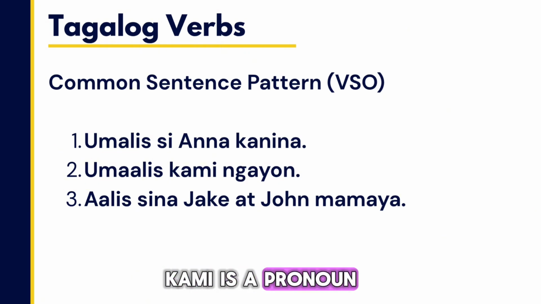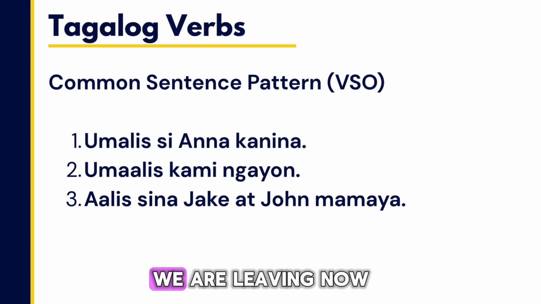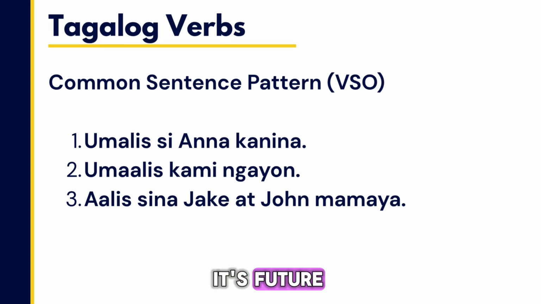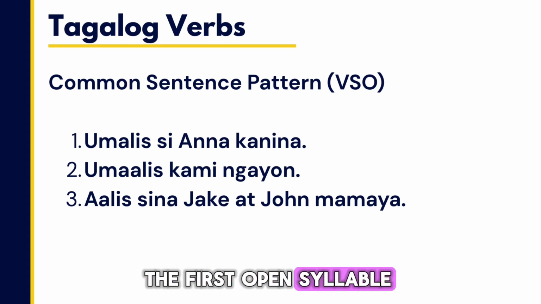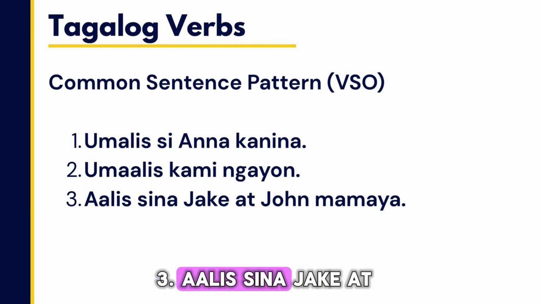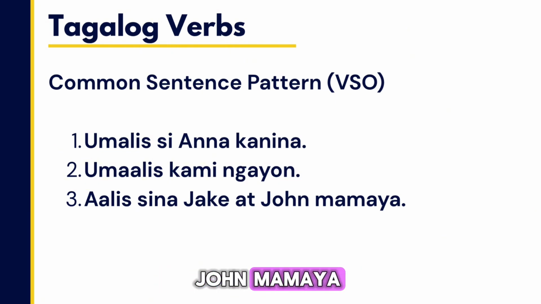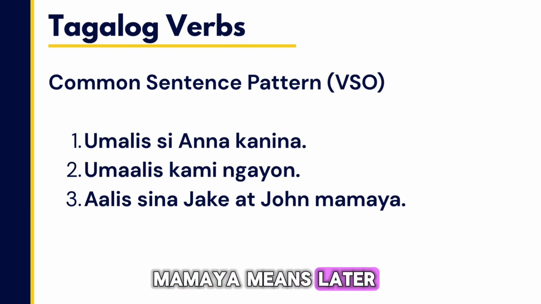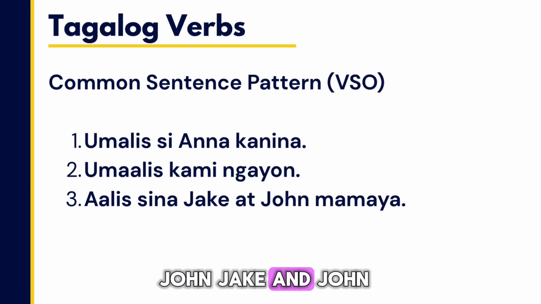Kami is a pronoun, we, that is exclusive, so not including the second person. Umaalis kami, we are leaving now. Here, aalis, what tense is this? It's future. You have to repeat the first open syllable. Aalis sina Jake at John mamaya. Mamaya means later. Jake and John will leave later.